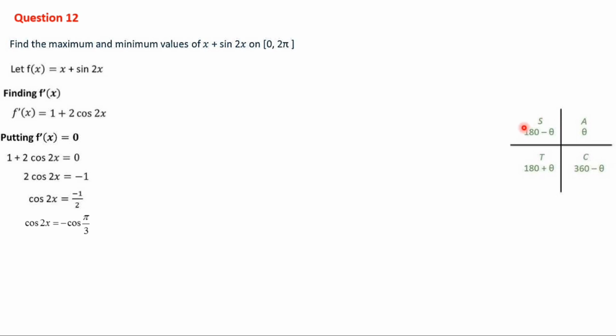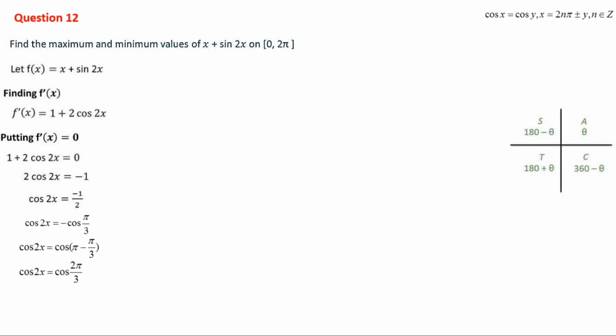Second quadrant means 180 minus theta, and 180 is pi, with theta being pi by 3. So cos 2x is equal to cos of pi minus pi by 3. The value of cos of pi minus pi by 3 is minus cos pi by 3, so we are doing it in reverse order, that's all. Then 3 pi minus pi by 3 is 2 pi by 3. Cos 2x is equal to cos 2 pi by 3.